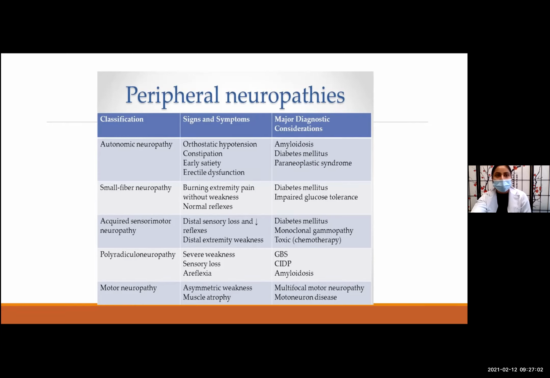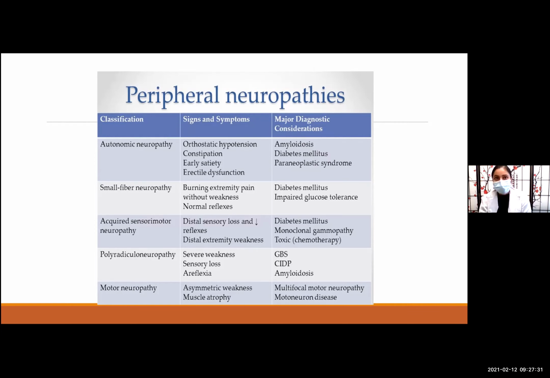So we could differentiate by autonomic neuropathy, small fiber neuropathy, sensory motor neuropathy, polyradicular neuropathy, and motor neuropathy. Some of the differences are how they present the symptoms. Specifically, small fiber neuropathy comes with pain, allodynia, dysesthesia, paresthesia, and motor neuropathy comes with muscle weakness or atrophy, muscle wasting.